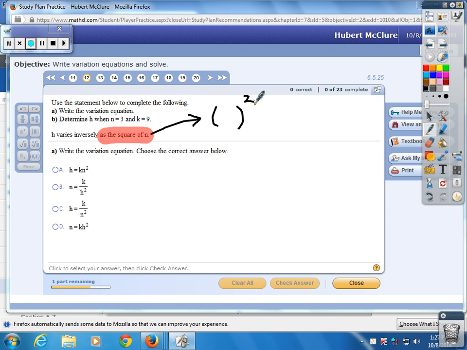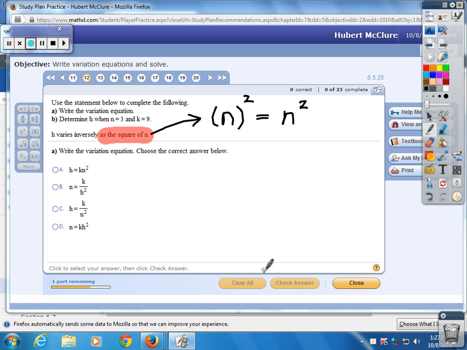Do not do square root. All right? So as the square of n is equal to n squared. All right, make that note because I don't want you to put the radical. That's what I would think of if I was doing this.